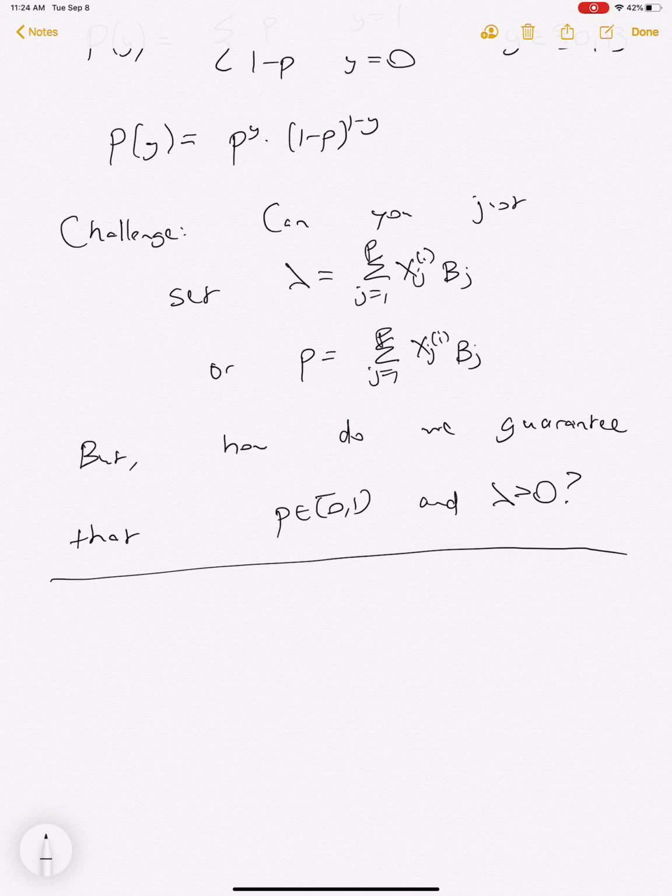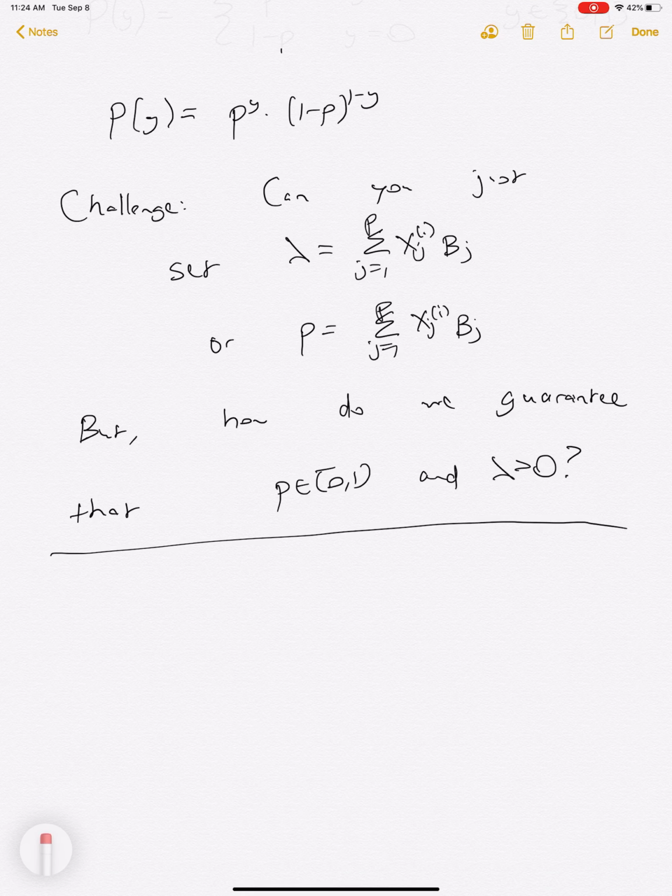So this leads to what we're going to spend the rest of this lecture and most of the next lecture talking about: a really interesting and cool class of distributions, of which the Poisson, Bernoulli, and normal are all examples, but there are lots of other examples too. These are called the exponential family distributions, and that's going to help us deal with this issue.